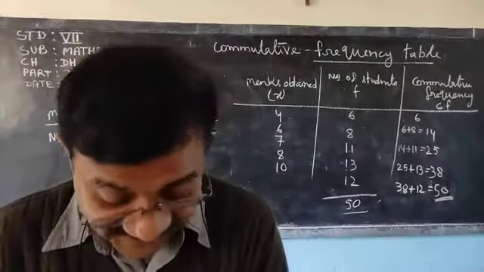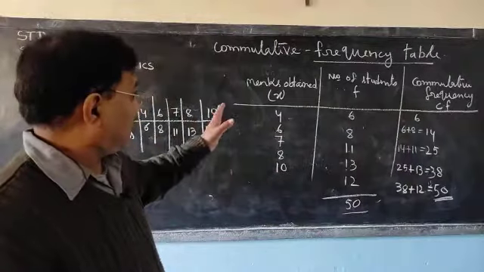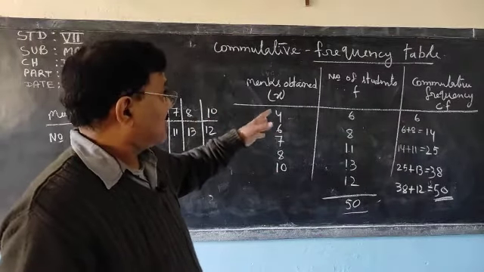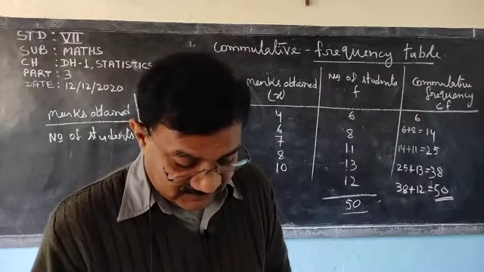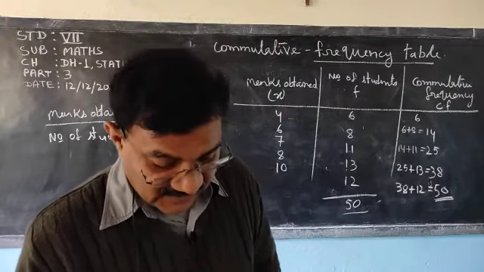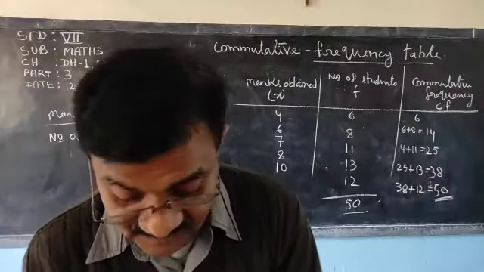Next, if the mean is to be found of such type of data, find the median of the data using the cumulative frequency table. If frequency is given, then let us find.